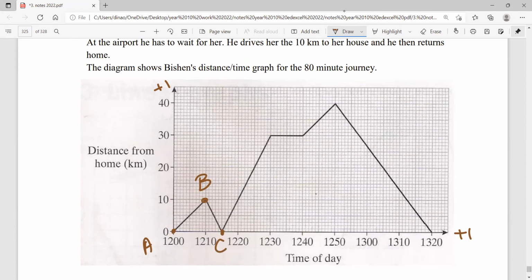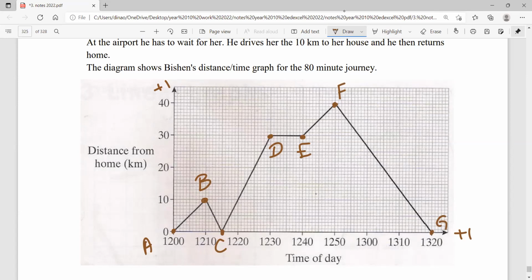And then he ran to the airport to get his grandmother at point D. He waited in the airport for his grandmother. After he picked her up at point E, he took her home to point F. Then A, B, C, D, E, F, G. G is the last point, where he reached their home.